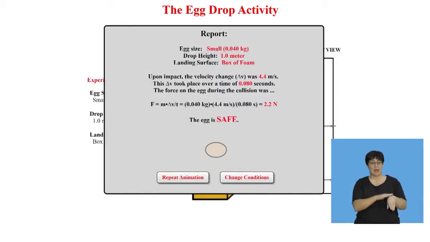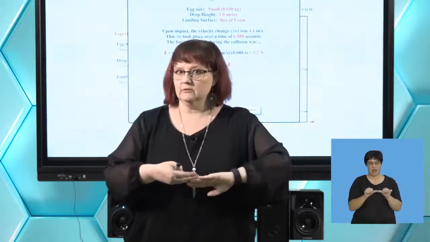Look at the time. Compared to the 1-inch foam, that's double the time period. It now experiences half the force. So force and time are related. They are inversely proportional to each other because the change in momentum is the same.